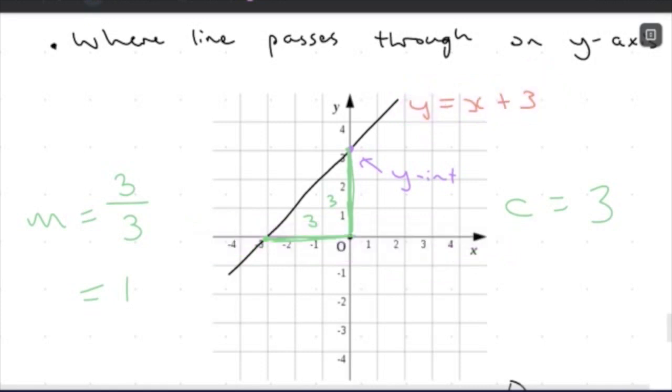So let's test this. Let's look at this point here. My x here is -2.